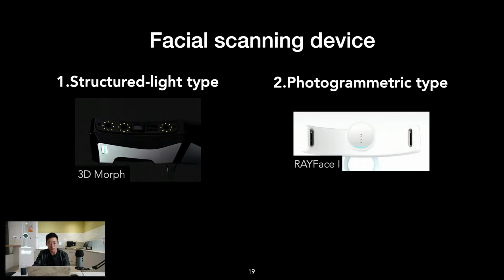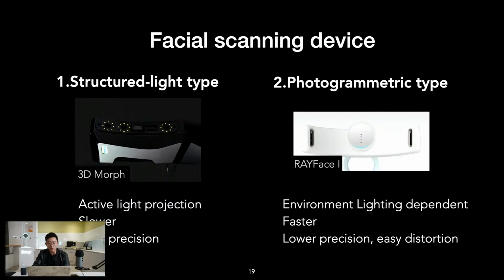The main difference between the two types of technology lies in the following aspects. The structured light type has an active light projection onto the patient, and generally is slower, but it can get much higher precision images. The photogrammetric type sometimes depends on environment light, and it can get the image faster, but it's usually lower precision and easily distorted.